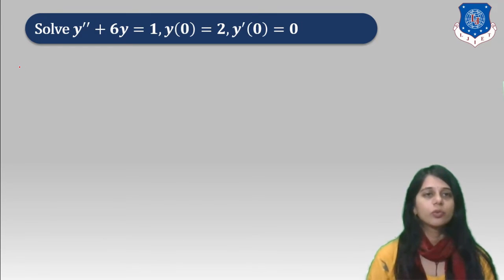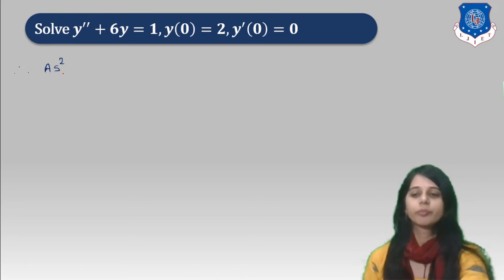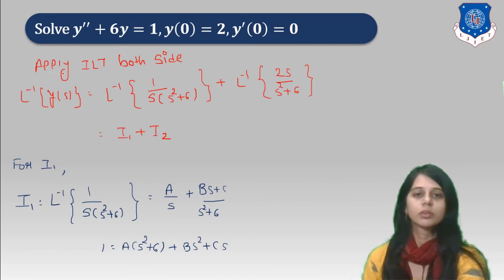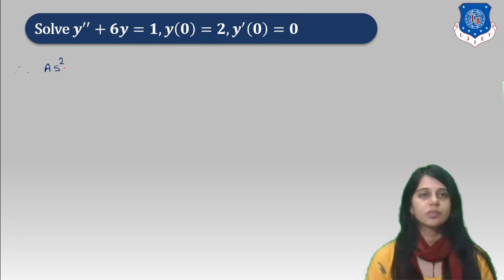To compare the coefficients, we get a plus b equal to 0, c equal to 0 and 6a equal to 1.